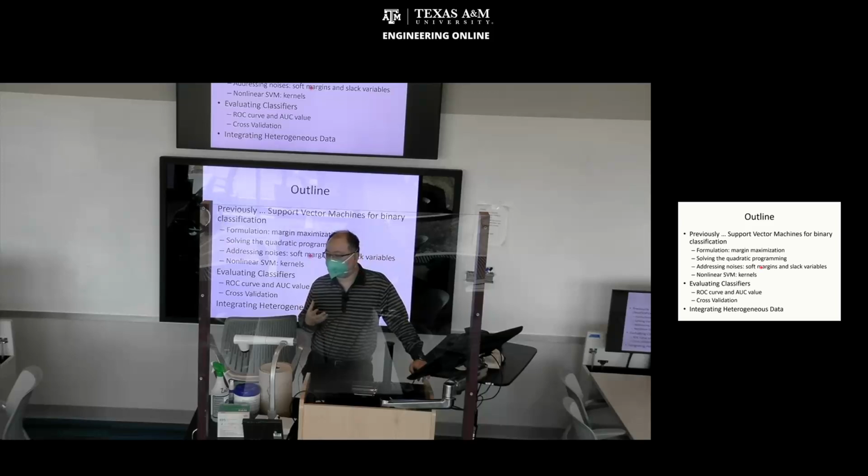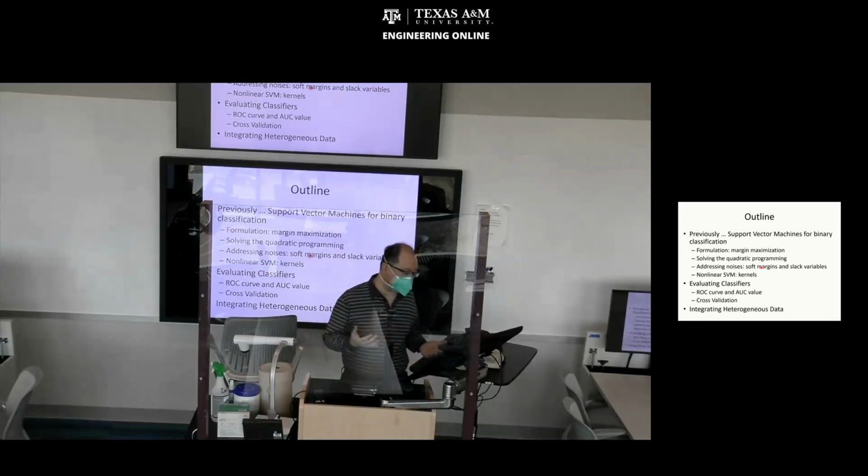So it's just a quick review, but then I would spend more time talking about how you integrate heterogeneous data. Don't forget that our motivating example is protein function prediction, right? And we'll use that example to show you how to integrate heterogeneous data and the theoretical ideas behind them.